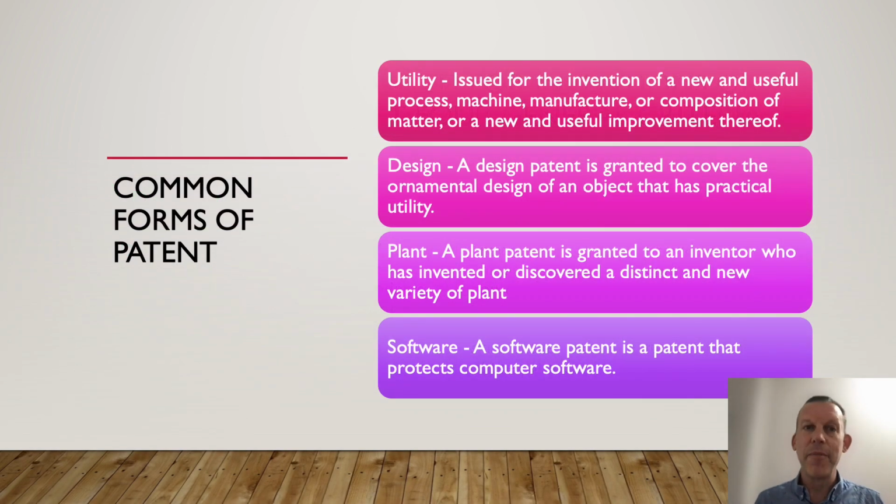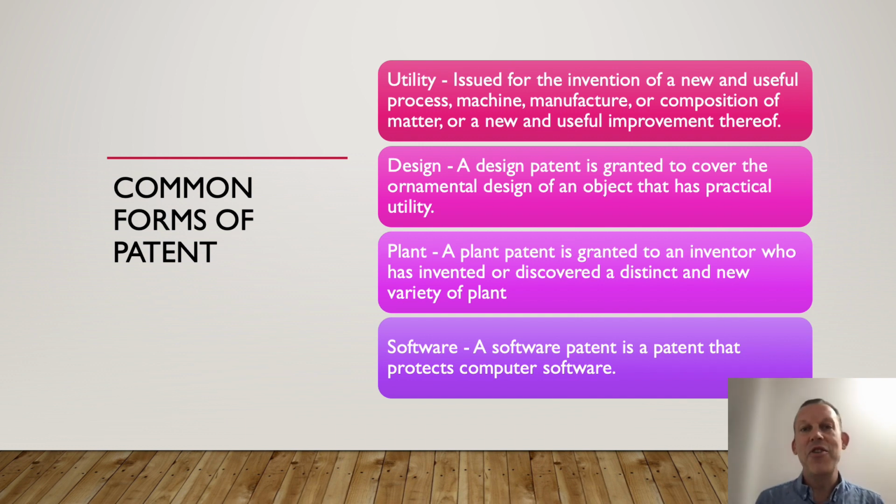Here are the common forms of patent. And in essence, the first 2 are what really matter in our profession. A utility patent is issued for the invention of a new and useful process, machine, manufacture, or composition.